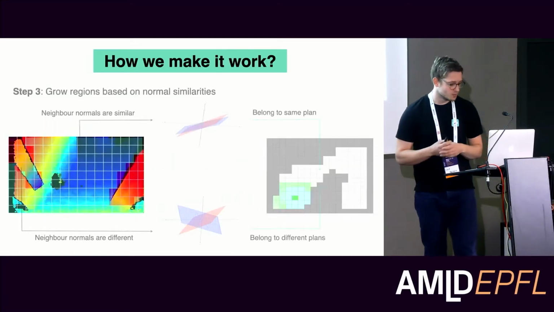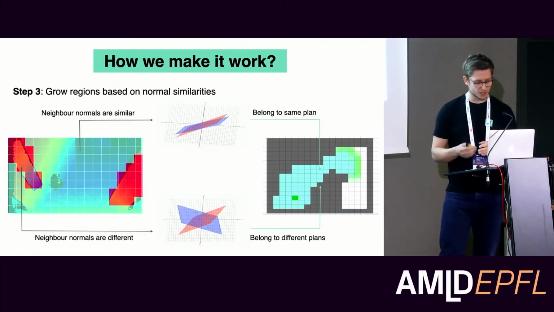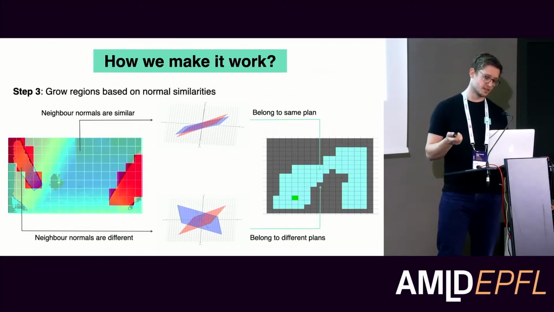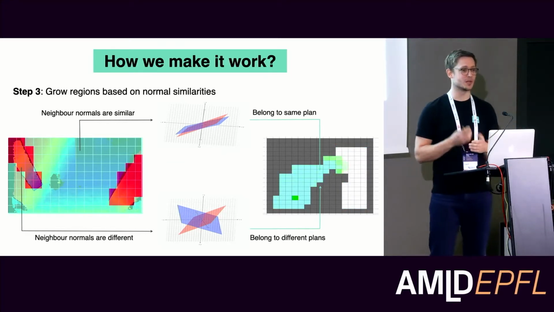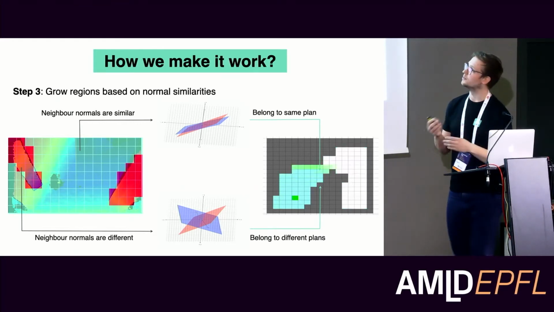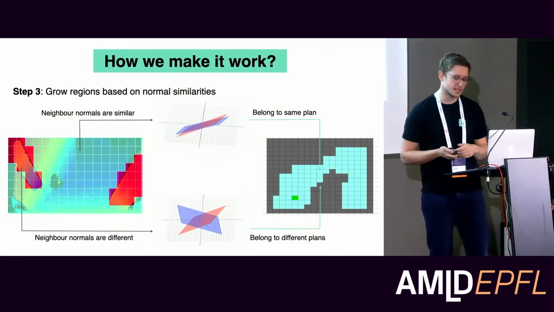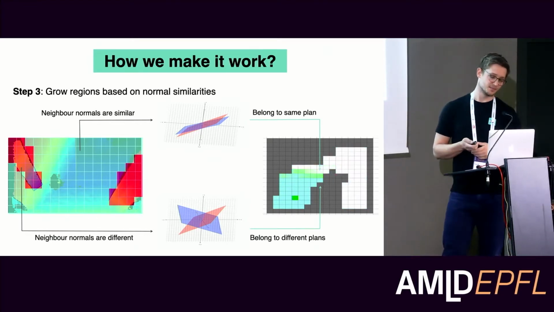And then we try to find all the planes within that input image by using a region-growing based approach, where we use the normals and compare the similarities of the normals within neighboring regions. And then in a final step, we pick the ground that we are standing on.